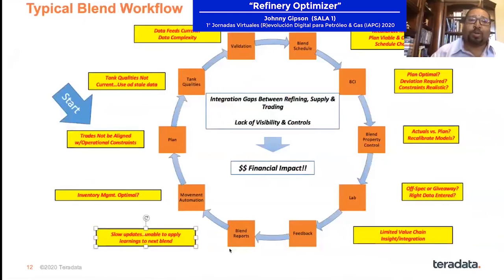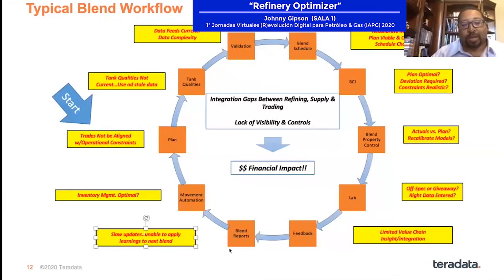And then we go to our blend workflow process. As you can see, when you're planning your tank qualities, from your blend controls to the lab to the blend reports, all that is data rich, and there's always an opportunity for something to happen if you do not have your data curated or coming in correctly.